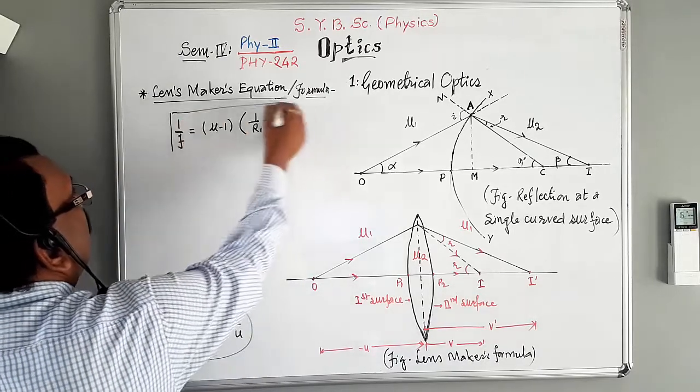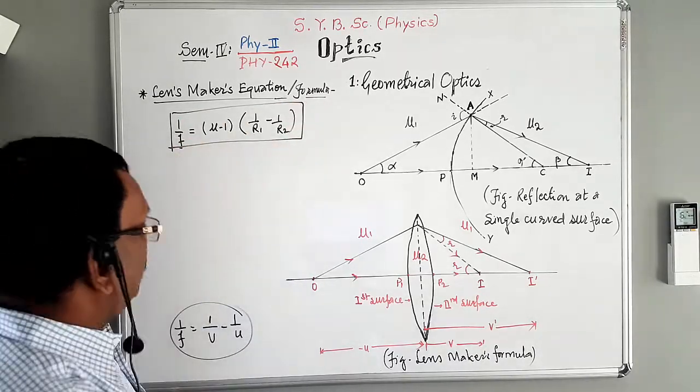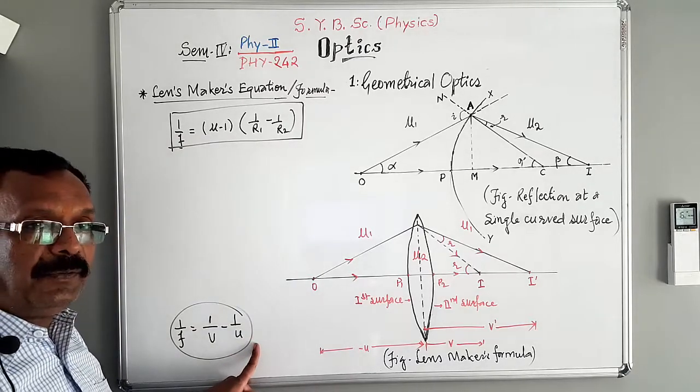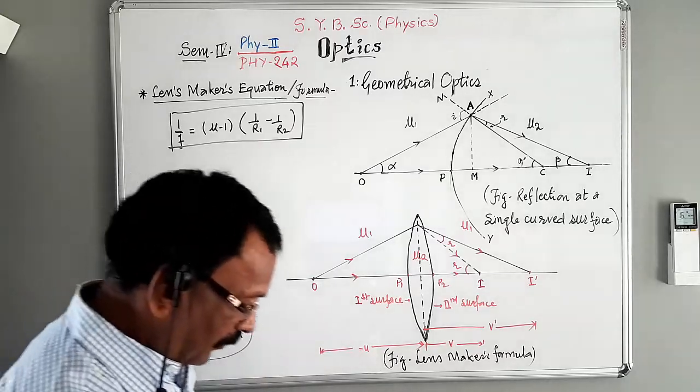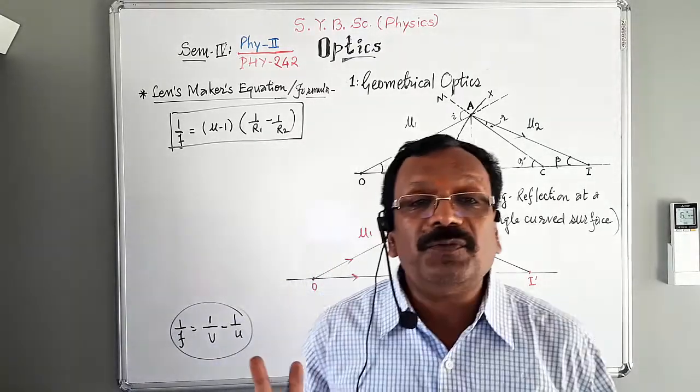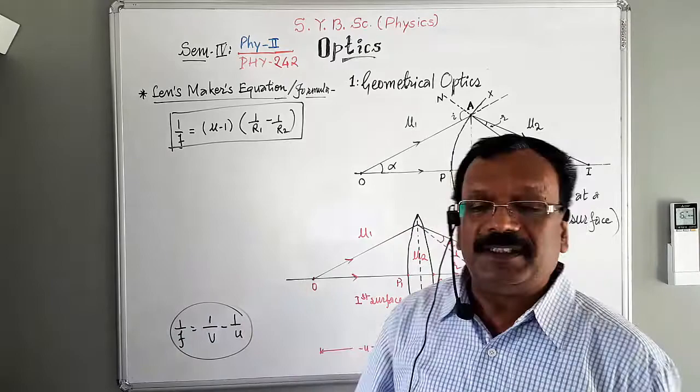So this is the lens maker's equation and this is the lens equation, or this is lens maker formula and this is lens formula. What is the difference between these two formulas, or these two equations?